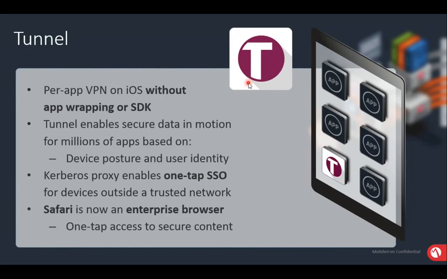So once a user clicks on the link, it will automatically open either the Safari browser or Web@Work. If it is Web@Work, you don't need to have Tunnel. If it is opening in Safari, the VPN will be triggered automatically, and with Kerberos Proxy enabled, it will have single sign-on and let the user get inside SharePoint without even asking for the credentials.